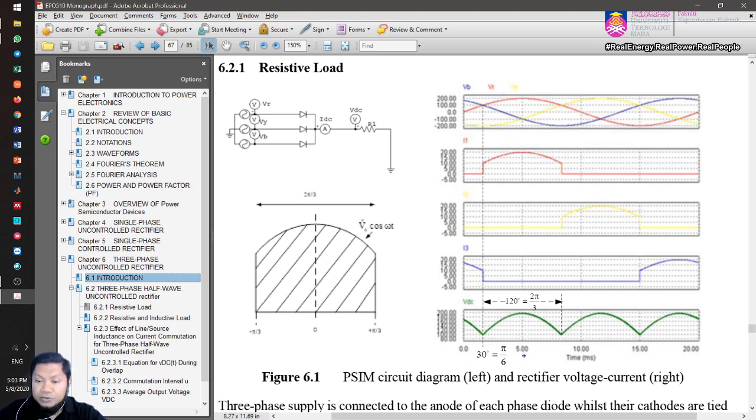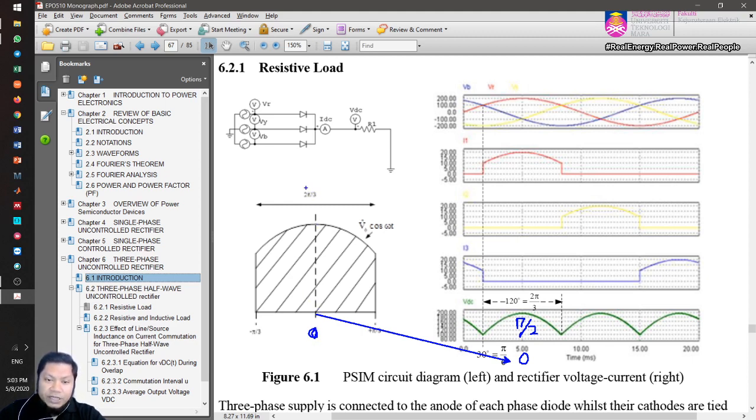Currently the peak is at 90 degrees, which is pi over 2. So we're going to change that to 0 degree, and therefore the peak of the voltage waveform will be exactly at 0 degree or 0 seconds.